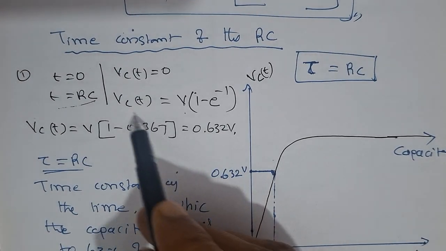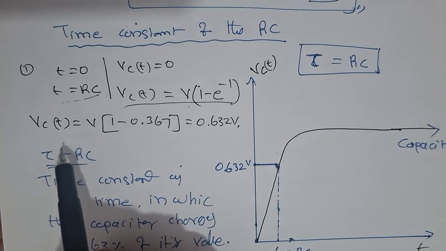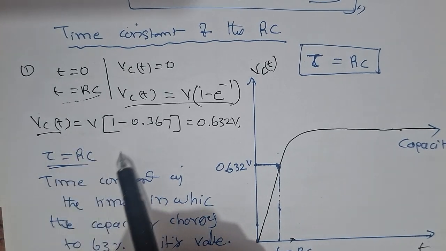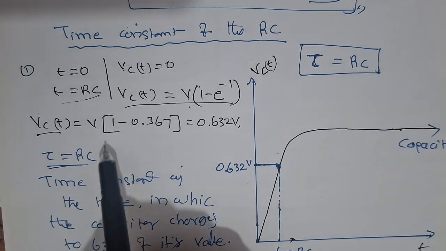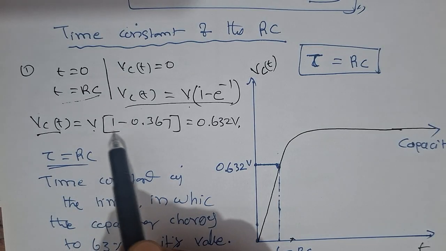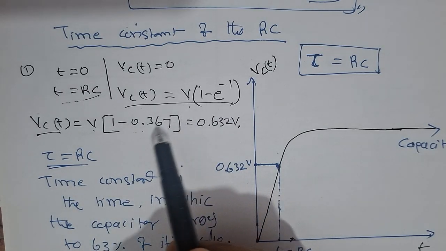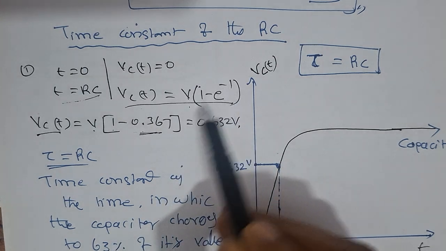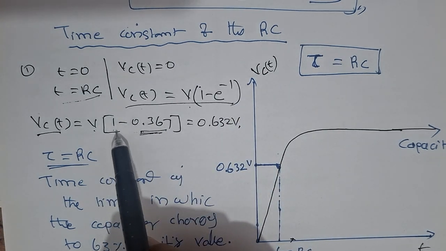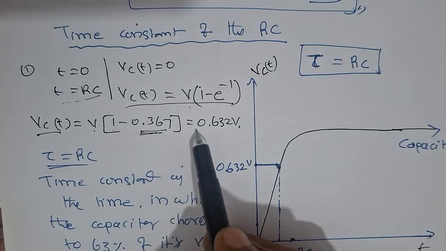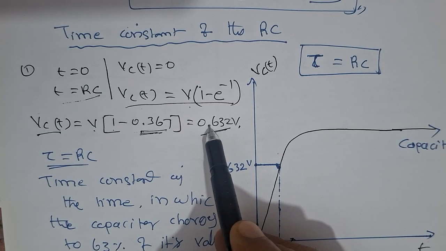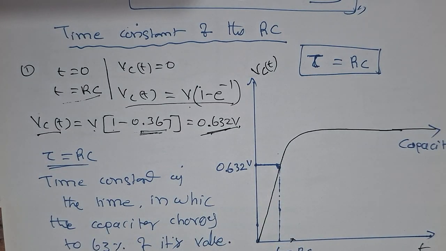So the voltage across the capacitor at t equal to RC is V times 1 minus e power minus 1. The e power minus 1 value is 0.367, so 1 minus 0.367 becomes 0.632 V.